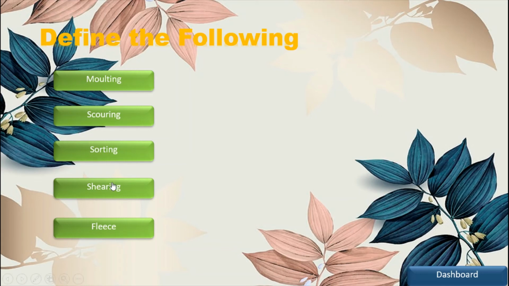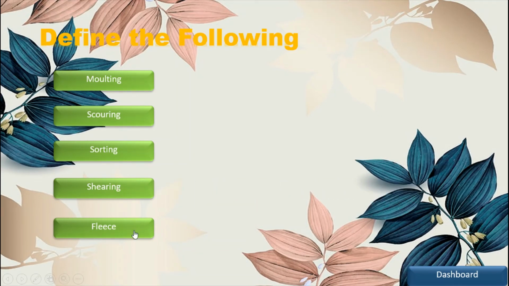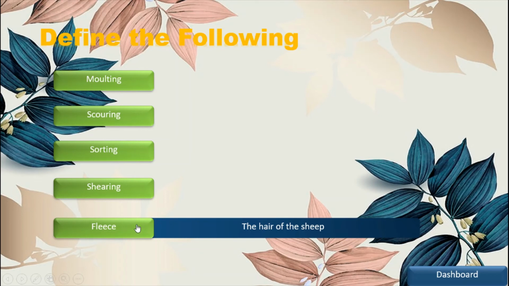In this process, the fleece of the sheep is removed or trimmed. What is fleece? The hair of the sheep or the hair of the wool obtainers is known as fleece.